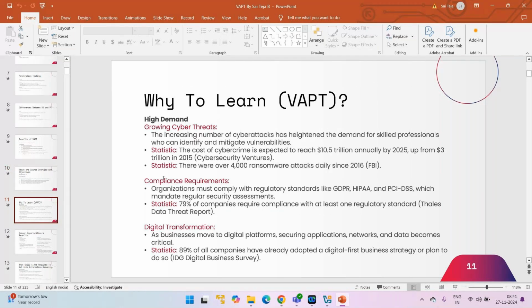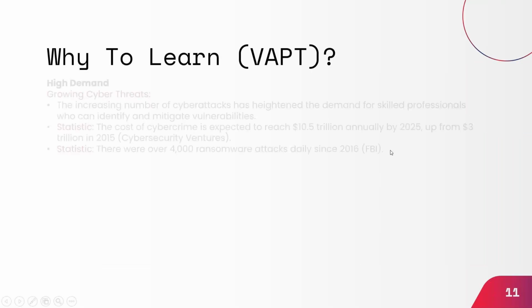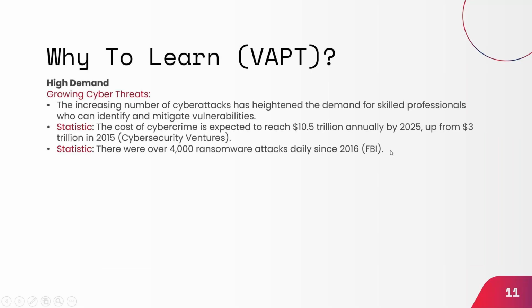So why get started with VAPT when we have other domains also? See, guys, this domain has a lot of value. Other domains may be completely automated, but this domain cannot be automated completely, maybe for the next 5 years or more than that.